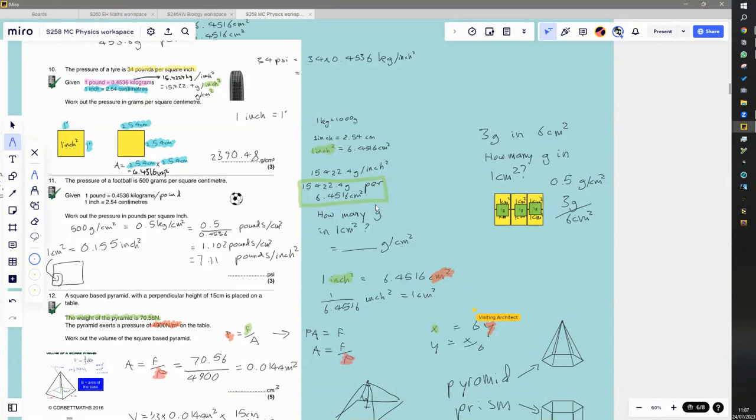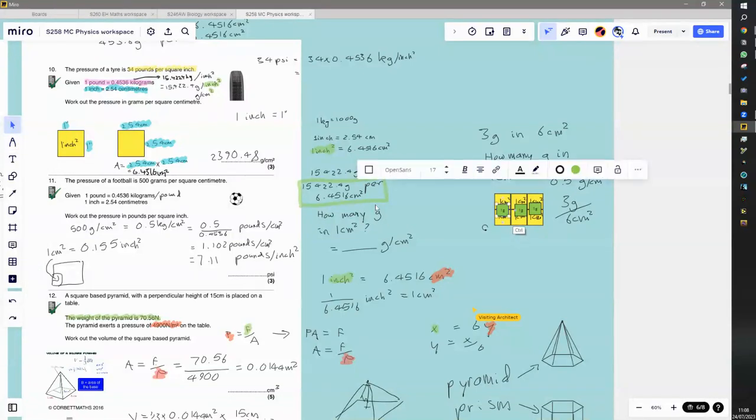Another way, if you can't quite visualize it, is to redesign a similar problem with easier numbers to try to work out what you need to do. So we did that as well. Let's say that we've got a similar problem like this. I'm just going to move this around again. Imagine we had 3 grams in 6 centimeters squared. How many grams in 1 centimeter squared?